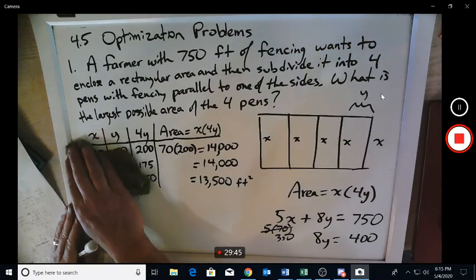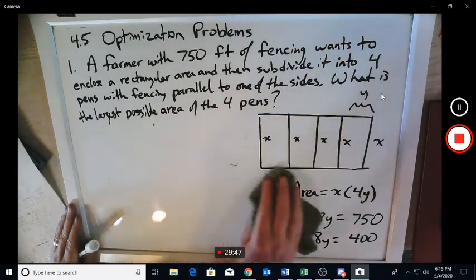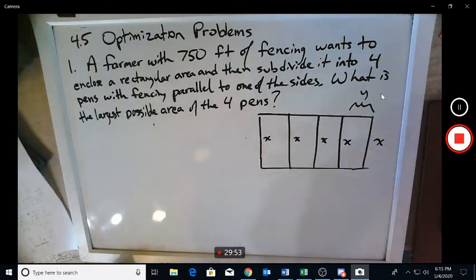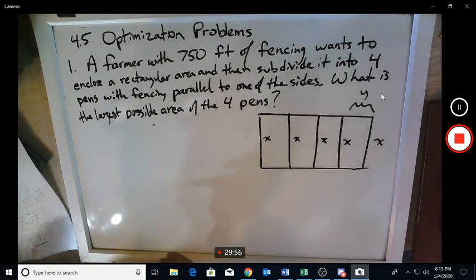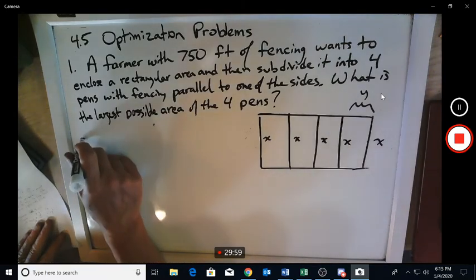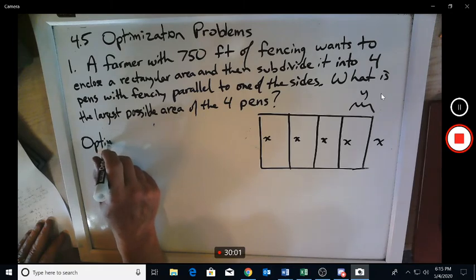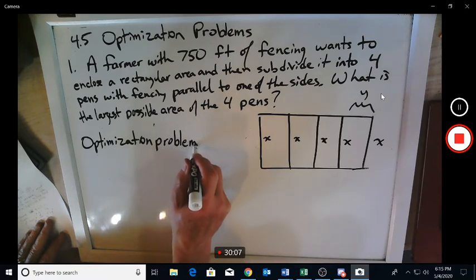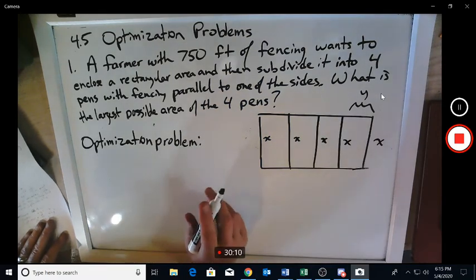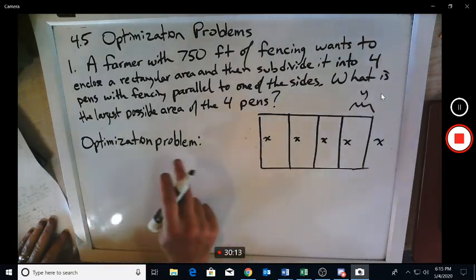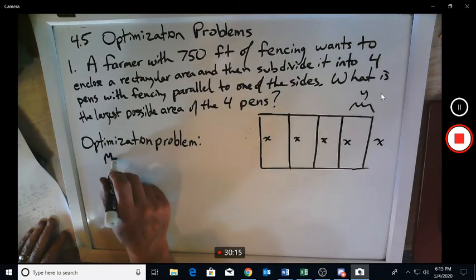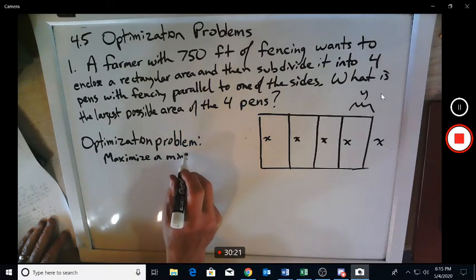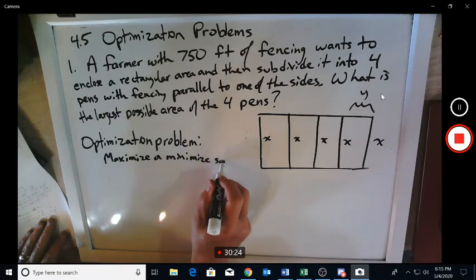So, in general, an optimization problem is one where you're going to maximize or minimize something.